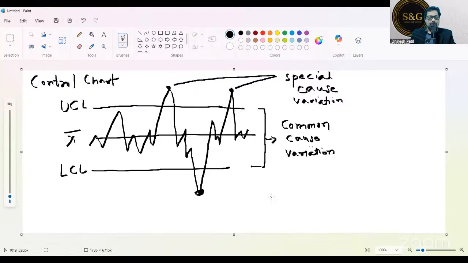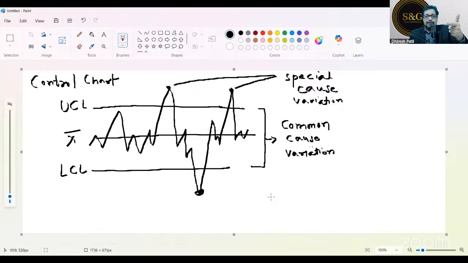I always give the example of measuring body temperature. Normally it will be a common cause variation. And if you measure body temperature during fever, that will be a special cause variation. Are you understanding the difference? Common causes also have variation every day.